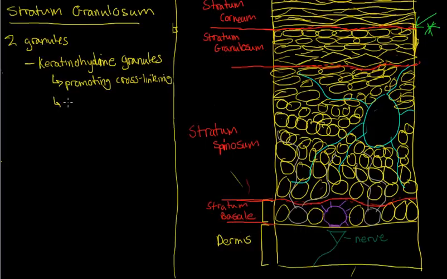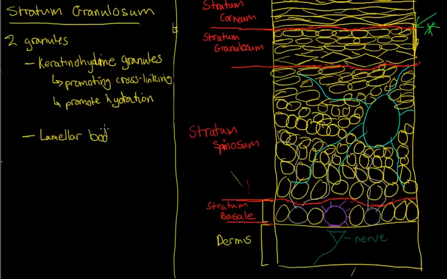And also promote hydration. The other type of granule, which gets secreted as the cells move toward the stratum corneum, are lamellar bodies.